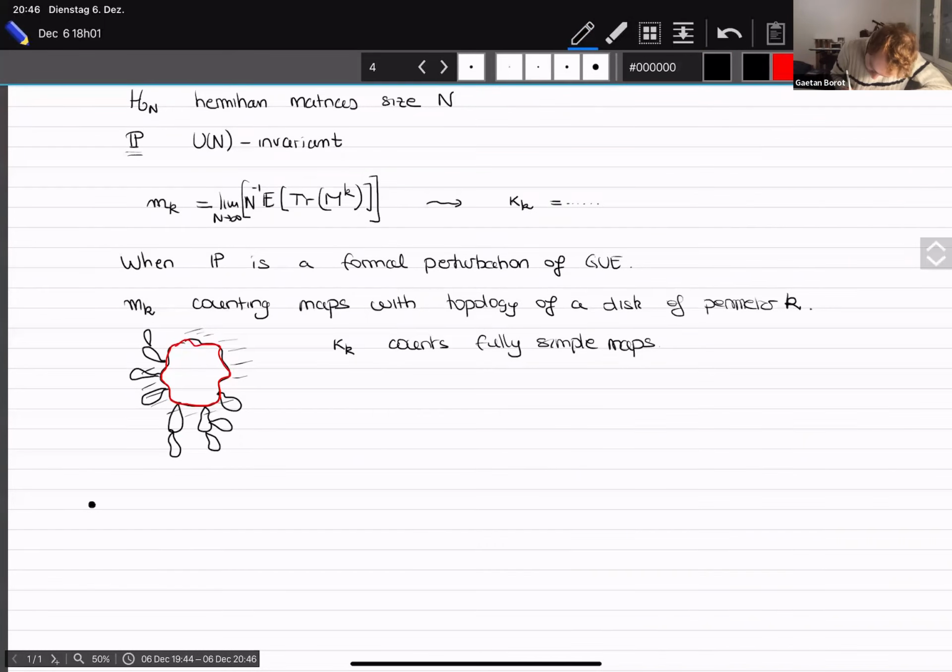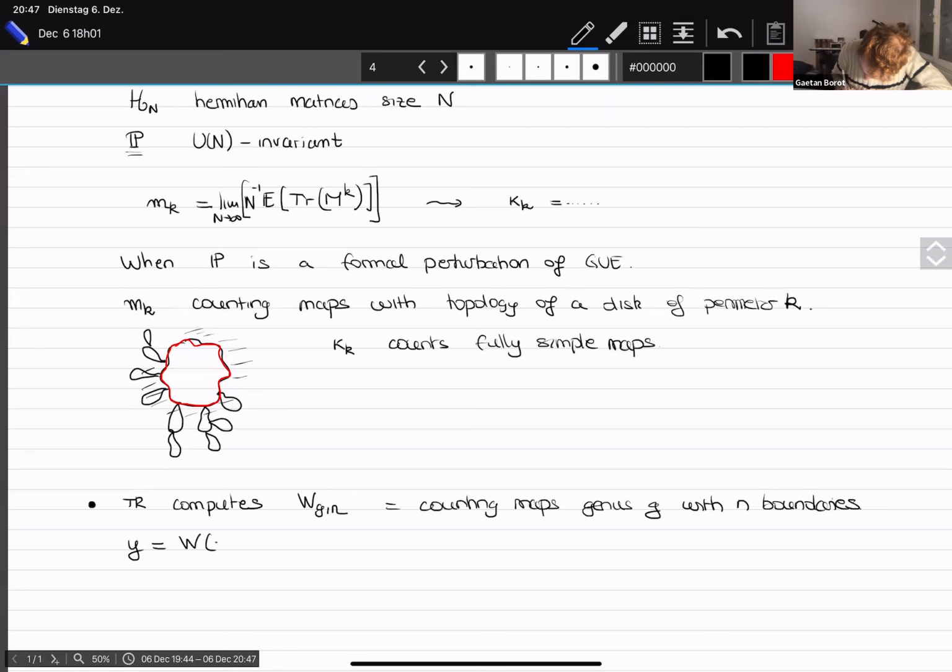So the other thing we know is that topological recursion computes, because it applies to matrix models, it also applies to enumeration of maps. So it computes the omega g,n, which are counting maps of genus G with n boundaries. To be precise, for topological recursion, the spectral curve is this W of X, geometric series of ordinary disks, so this one we call ordinary disks.